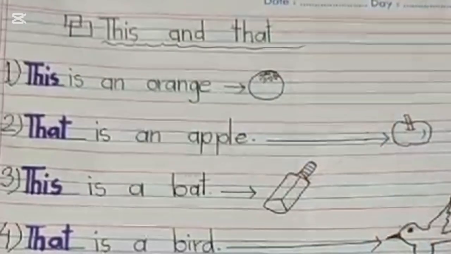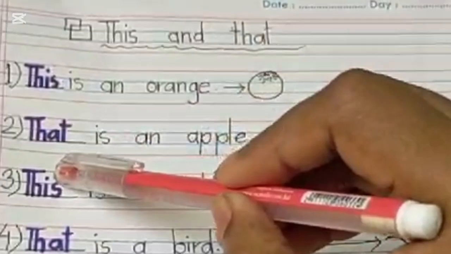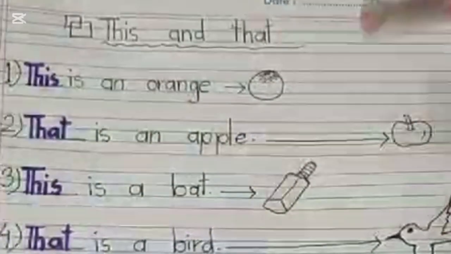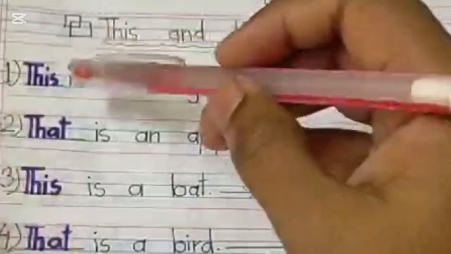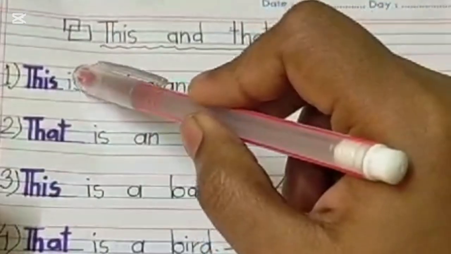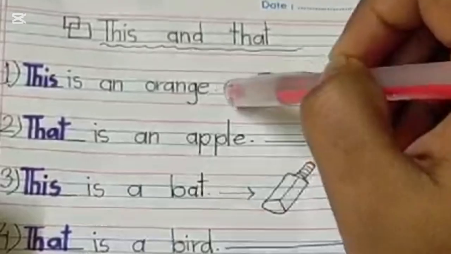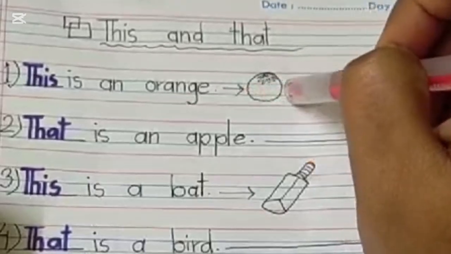Okay, now we have to understand where we should put this and where we should put that. Our question will be like this. There will be a gap and this will be written in here. The dash is an orange and the picture will be like this. There will be a short arrow, and there is the picture.